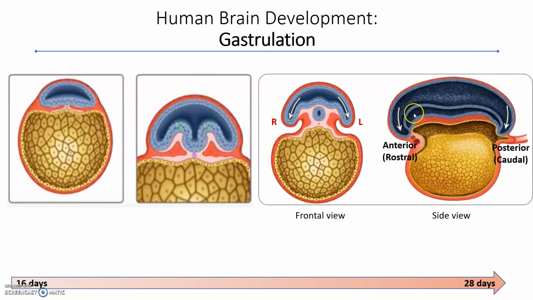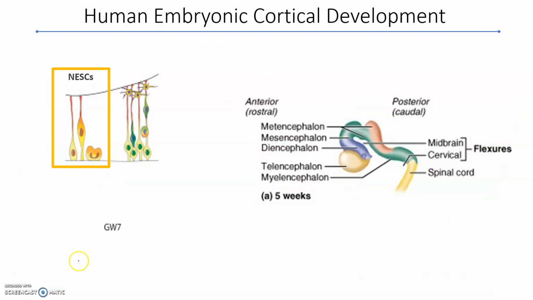So this is the neural tube. We know that the neural tube is later gonna be divided into forebrain, midbrain, hindbrain, and the spinal cord.